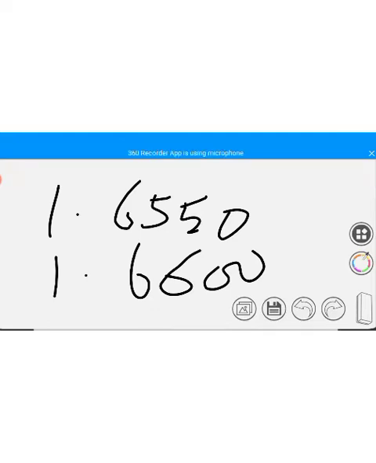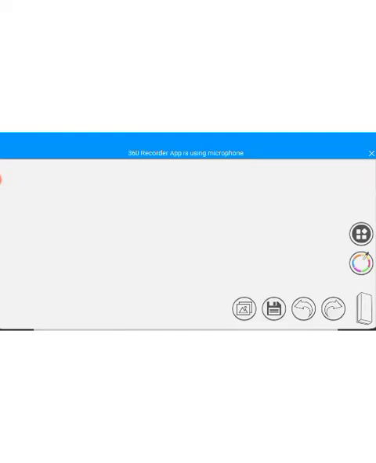Within a period of time, the market went to 1.6600. What is the difference? You know that we have a 50 pips difference. So how they calculate is that the current market is 1.6550. Then you will add your 50 here.